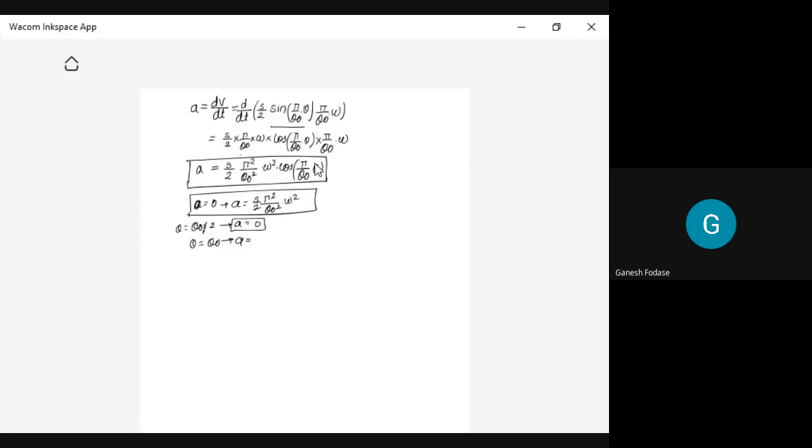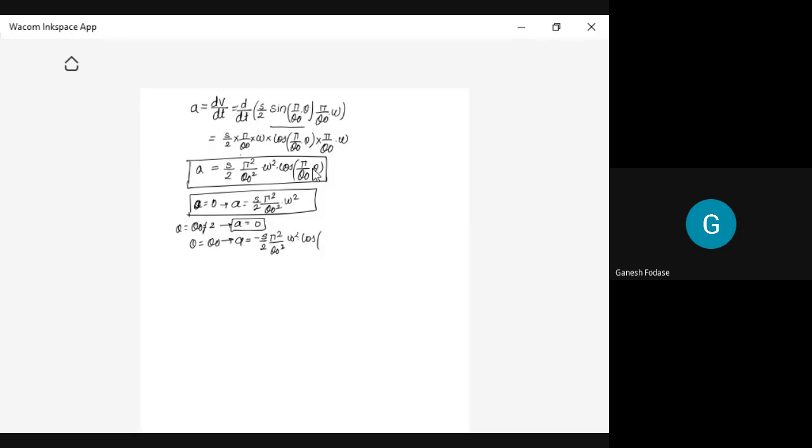And again at theta is equal to theta o. Just put theta is equal to theta o. Cos 180 is minus 1, so it is the same as theta is equal to 0, but in the opposite direction. So it is minus s by 2 into pi square upon theta o square omega square.